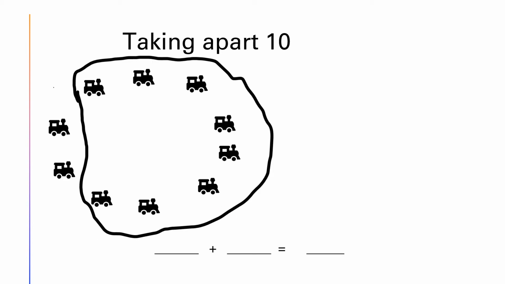Kindergarten, you're so smart. I bet you know exactly what to do. Organize your picture in a 5 group of 10. Write a matching equation. Make sure you pay attention to how your number sentence is written. Part plus part equals whole.